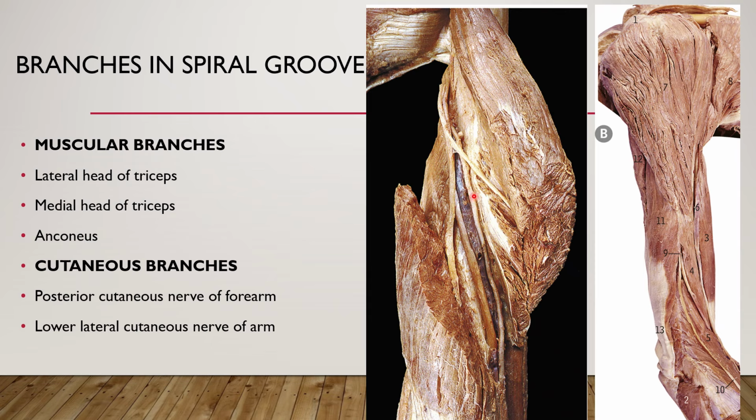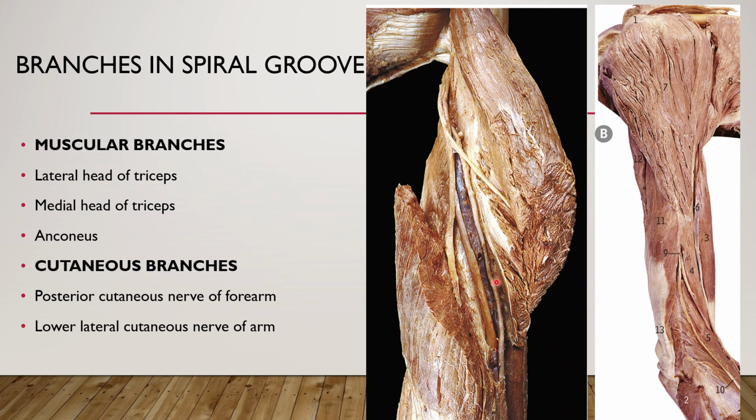But when the nerve lies in the spiral groove, these two are getting their supply from that. One is lateral head, another one is medial head. Down if you come, you have anconeus. So all the three muscles get their supply from the radial nerve in the spiral groove. So radial nerve in axilla supply is different. Radial nerve in spiral groove supply is different.